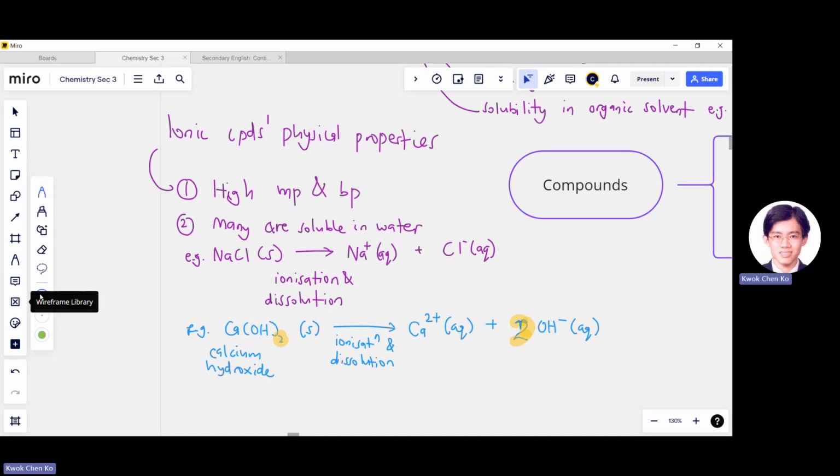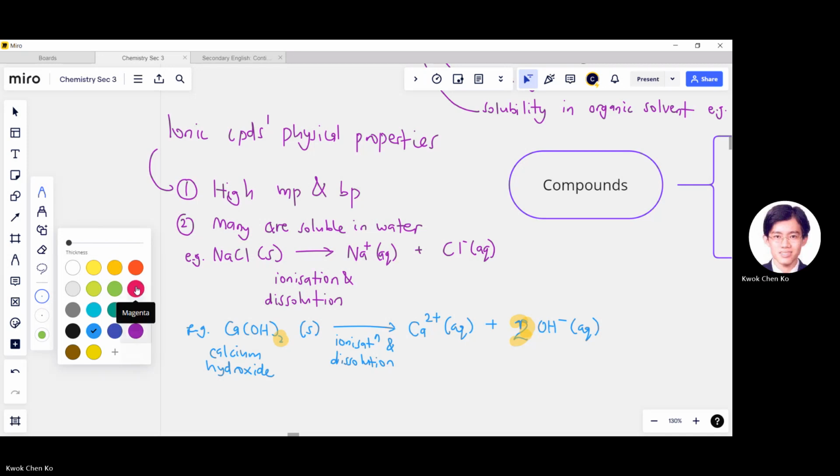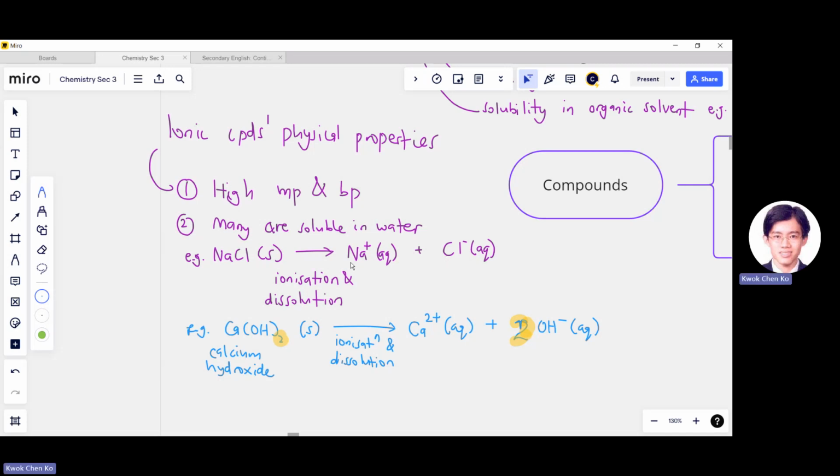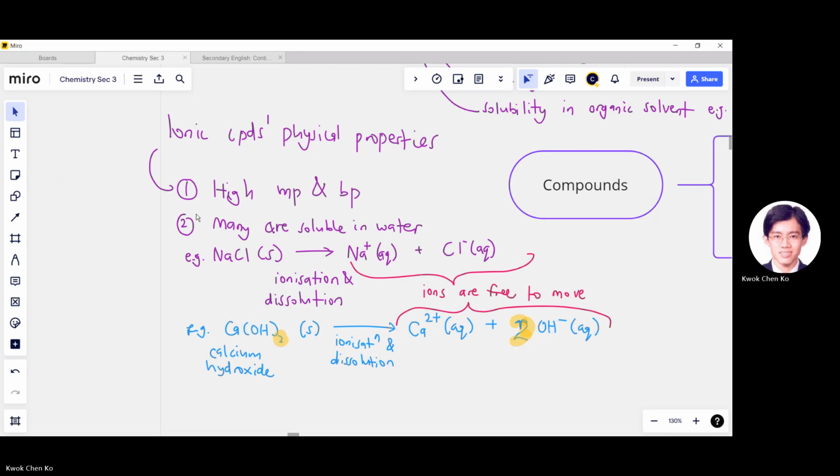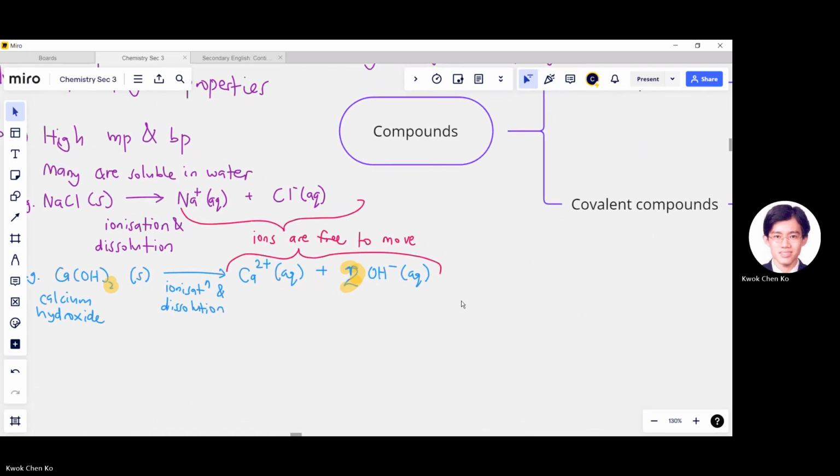One other thing, important. Once they become ions like this, once you dissolve in water, these ions are free to move. It is somewhat like a liquid already. So once you dissolve in water, the ions are no longer locked up in fixed positions.